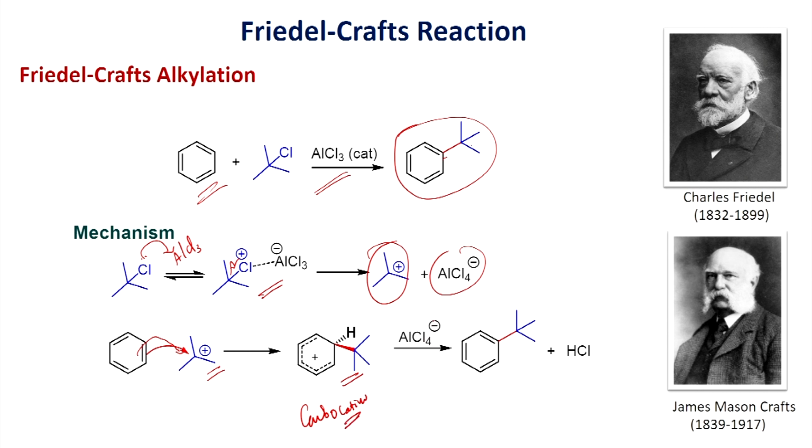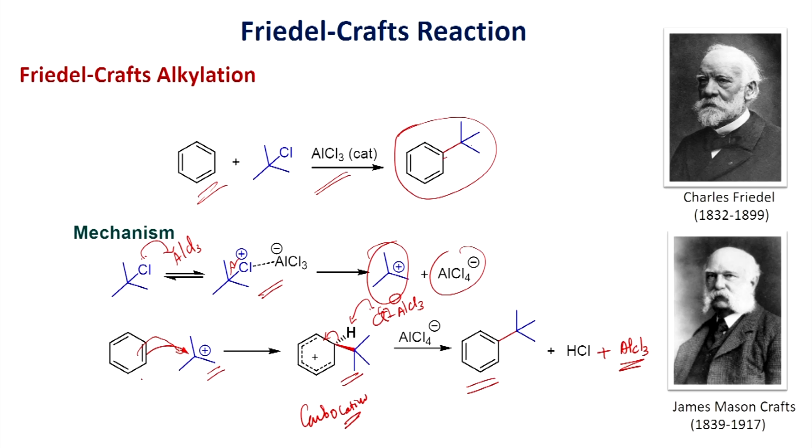Once you form this one, now this can deprotonate, and you will be able to form the tert-butylbenzene, and HCl is generated as a byproduct. You regenerate the catalyst, so you need only a catalytic amount of aluminum chloride to carry out the reaction.